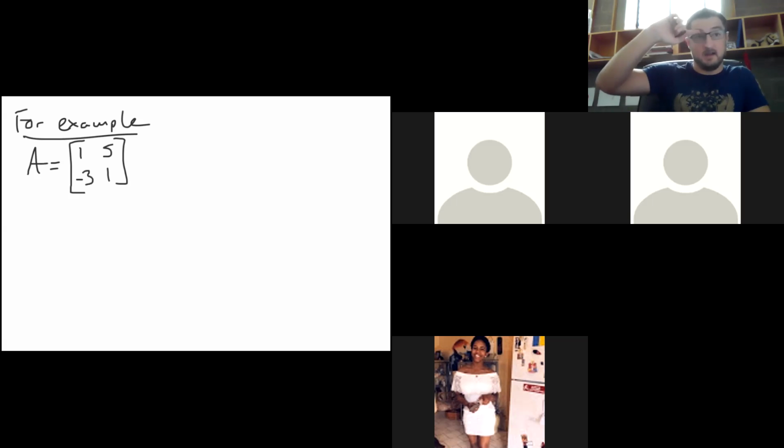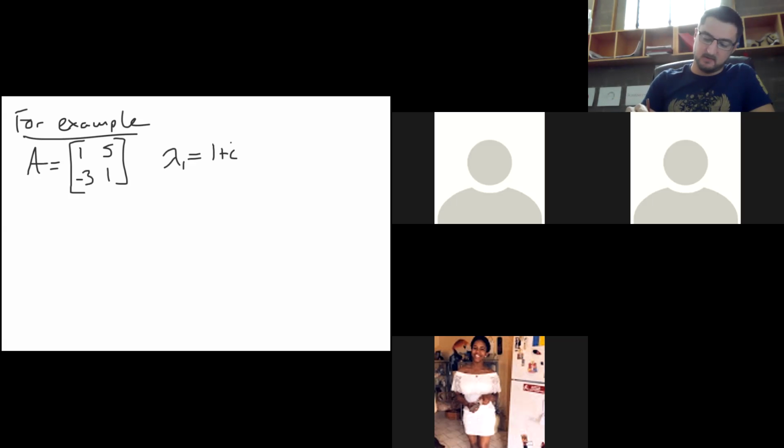And we ended up finding that my eigenvalues for this matrix are 1 plus i square root of 15 and 1 minus i square root of 15. We also found eigenvectors associated with those eigenvalues for that first one that I have listed here, 1 plus i.